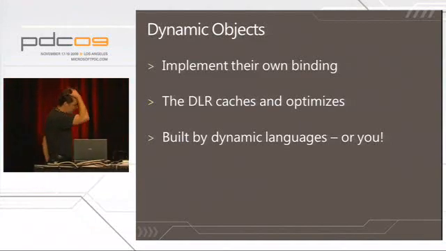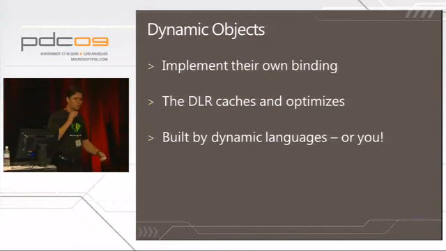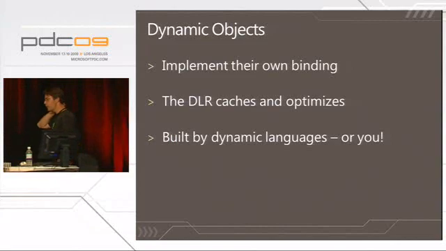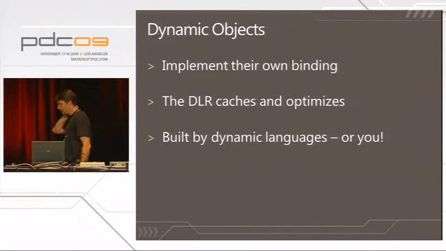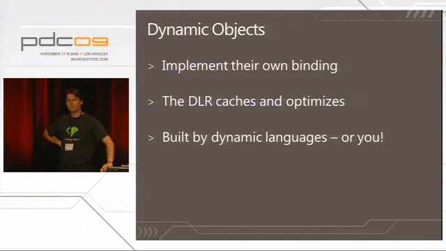Now, you can imagine that doing binding at runtime programmatically can be pretty darn slow. And if any of you have experience with dynamic language implementations, they can sometimes be slow. Or sometimes a bunch of people put a heck of a lot of work into making them fast.